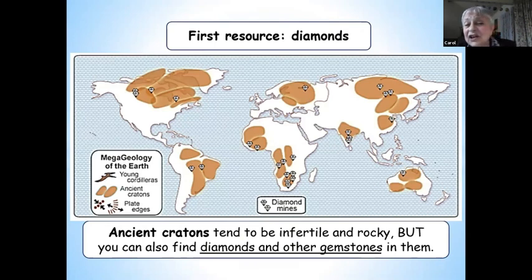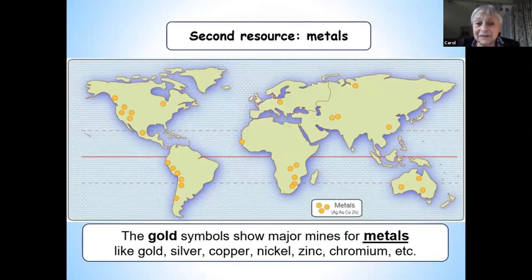Where those ancient cratons are, like in northern Canada, they are awfully rocky places and not great places for farming, both because of cold and rocky infertile soils. But they are great places to find diamonds and other gemstones. Metals: can you see the mountains of South America in the patterns of where metals like gold, silver, and copper are?